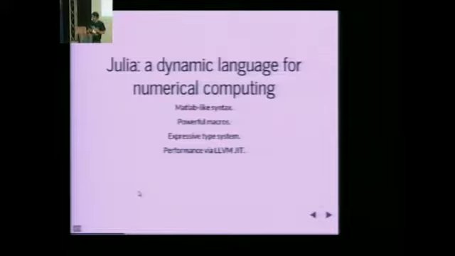One is that it has a powerful macro system that inherits from Lisp. And it also has a type system, which is not so common in dynamic languages like Python or R. This type system of Julia is somewhat in between a dynamic language and a statically typed language.